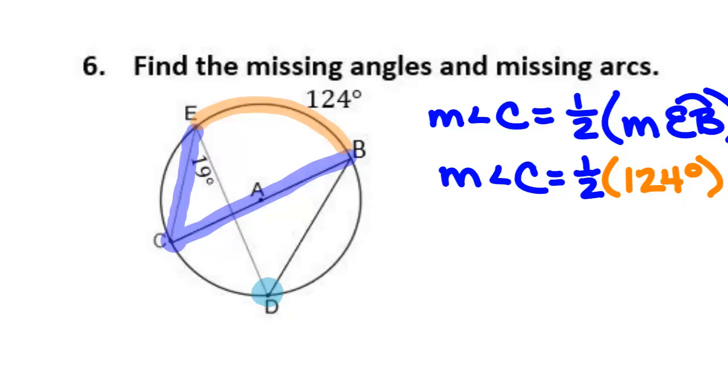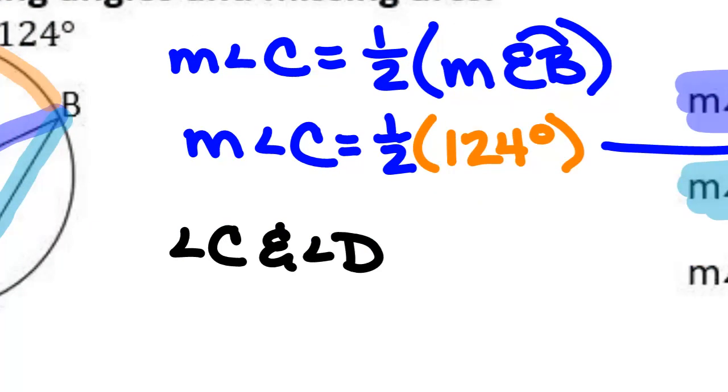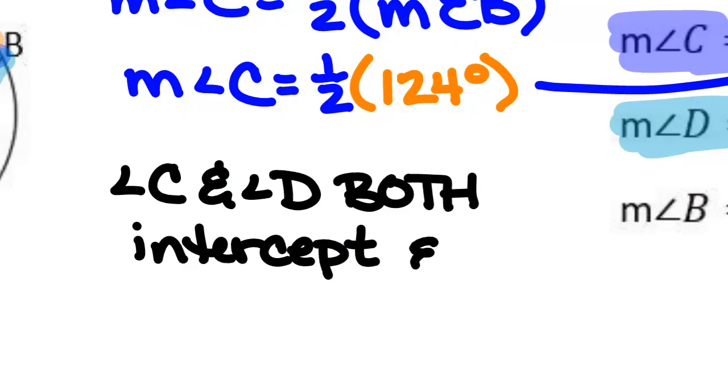Well, here's point D. So this is angle D. What arc is angle D intercepting? EB. It's intercepting the exact same arc. Angle C and angle D both intercept arc EB.